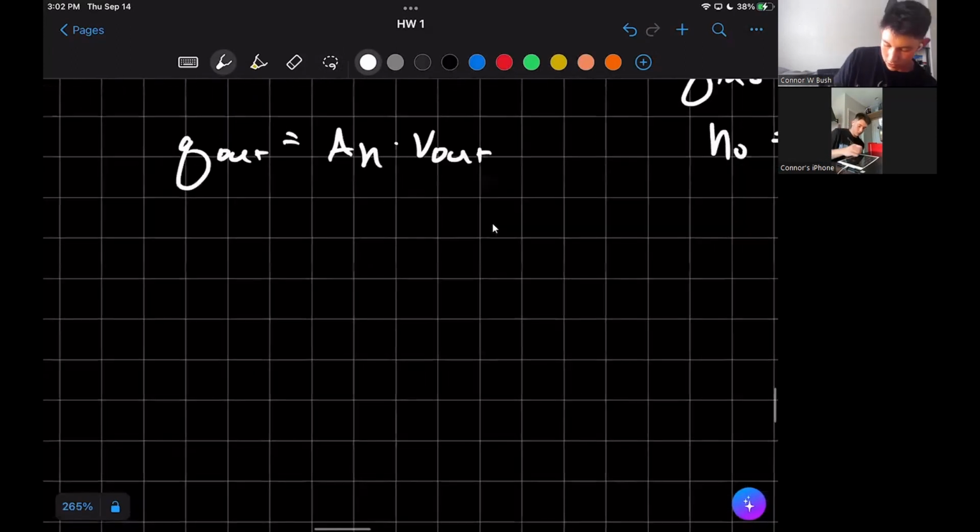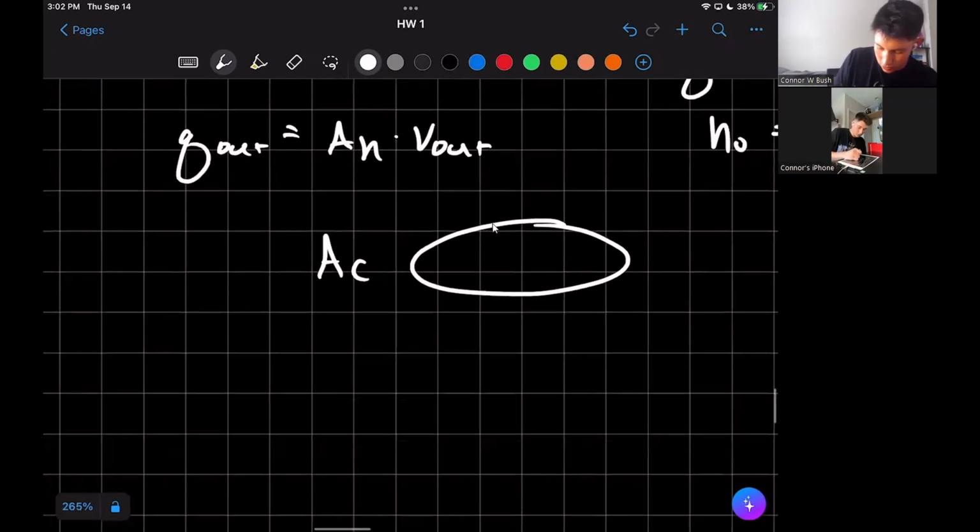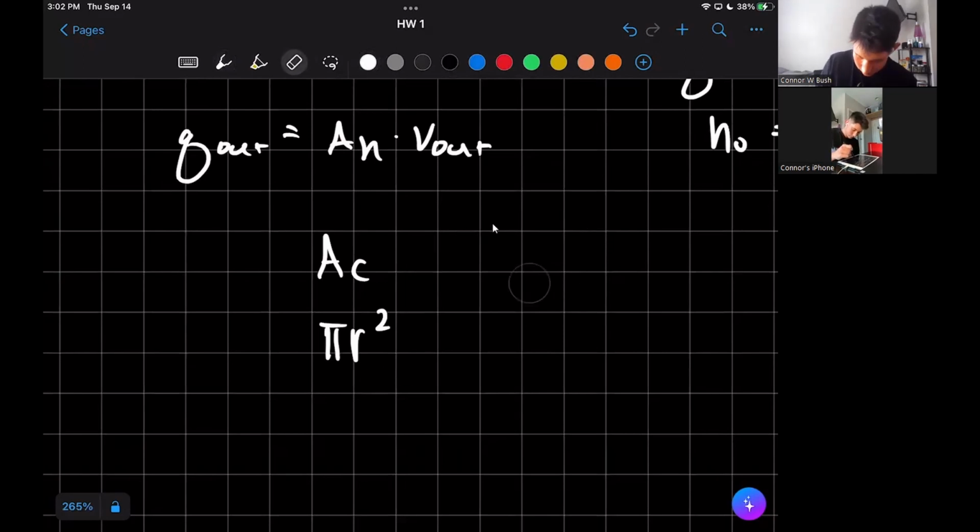We know that AC is essentially the cross-section area, and the shape of it is a circle. So we know that the area of a circle is expressed as pi r squared. And we know that the radius is changing.